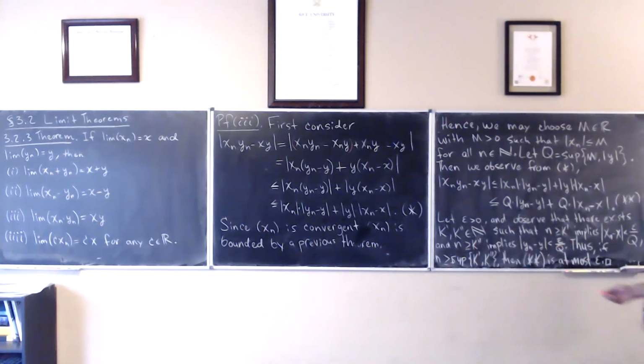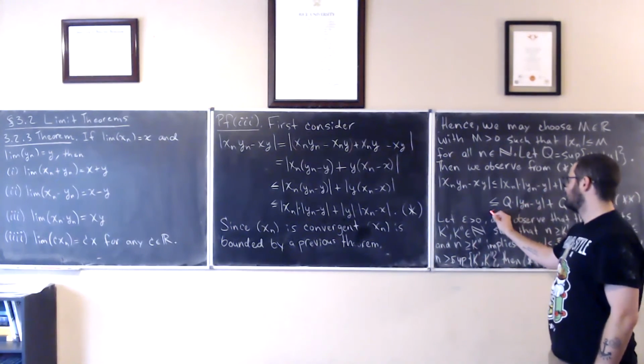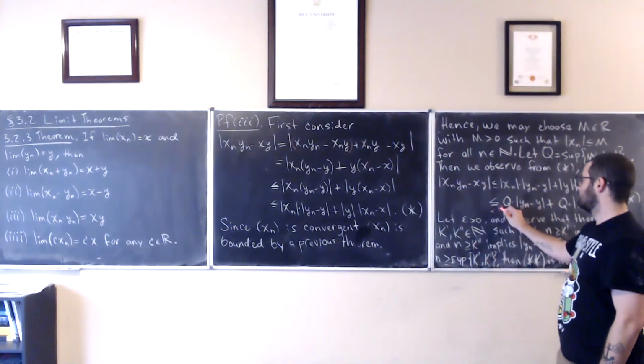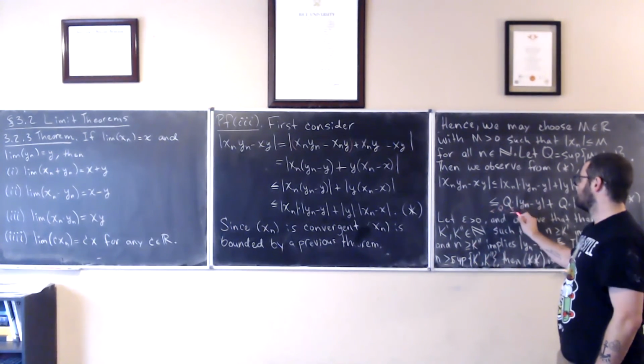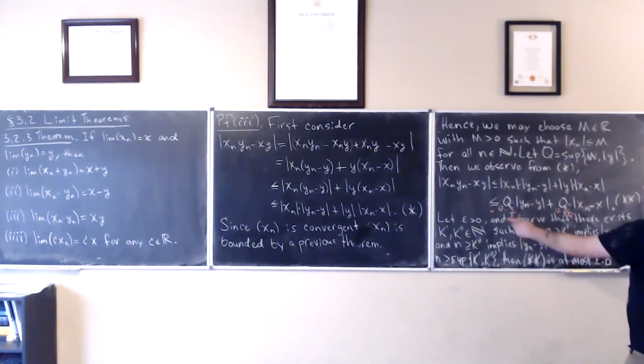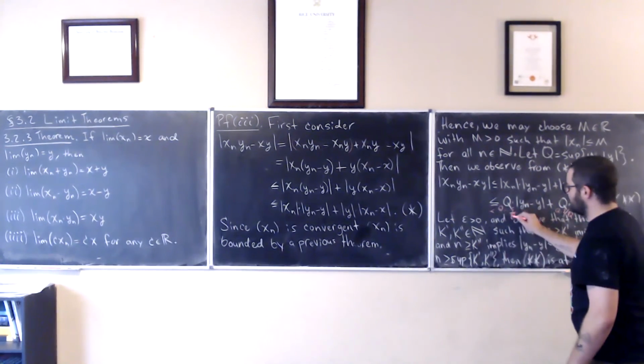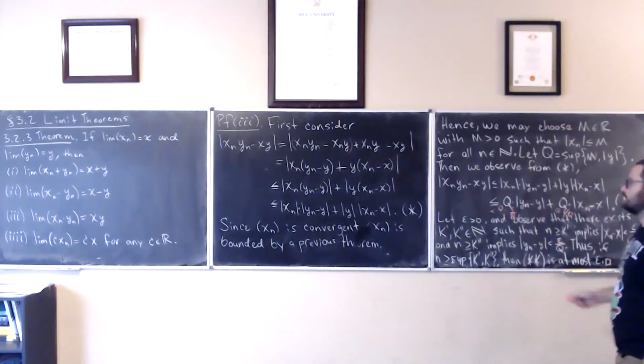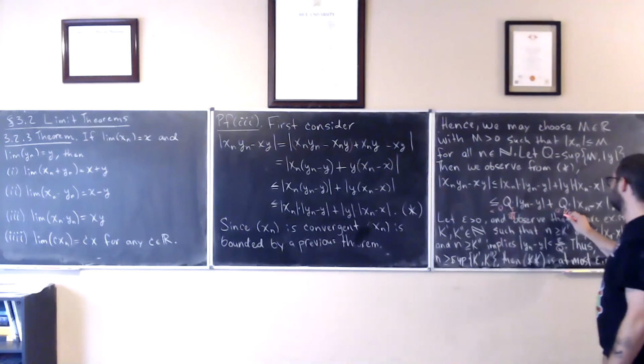Right? If you took n greater than or equal to that and that, then this would hold and that would hold, which would mean this would be strictly less than q times epsilon over q, and this would be strictly less than q times epsilon over q. The q's would divide out, and you'd have, oh no, epsilon over 2q.